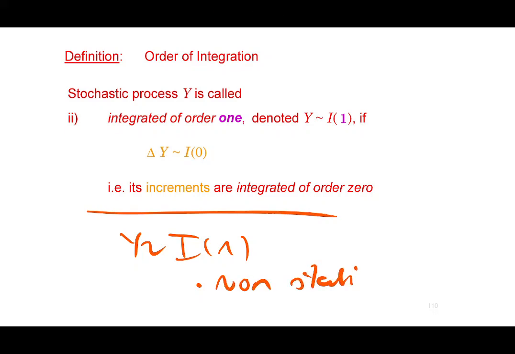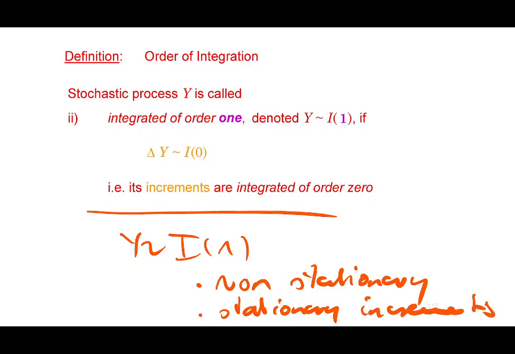That's a fact, because if it was stationary, then it's either going to be integrated of order 0 or it's going to be over-differentiated, but that's neither of the cases. So the process is non-stationary, but it has stationary increments. Because if it has stationary increments while the process is not stationary, then you would need to differentiate the process to get a stationary process for the very first time. So then the increments of the process are just stationary.